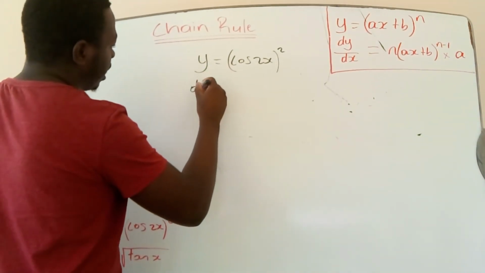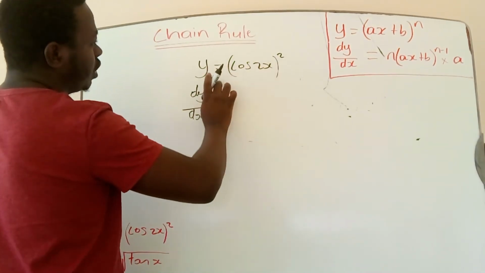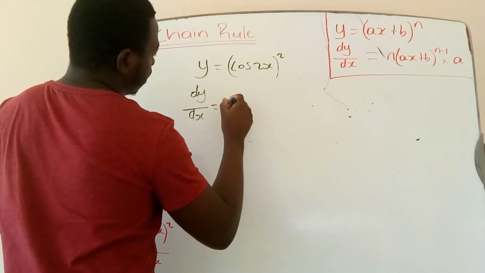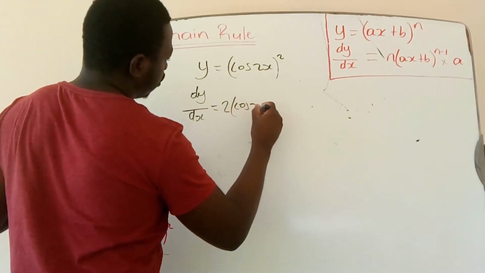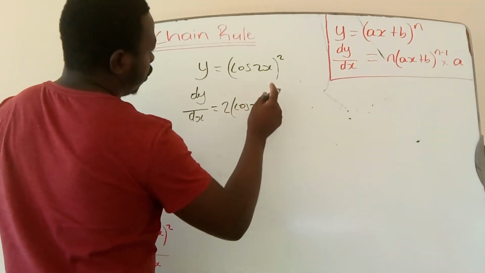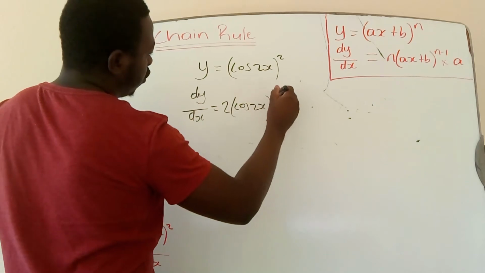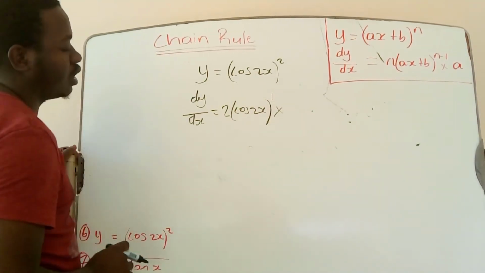Then dy by dx is equal to, take 2 to multiply the entire function, which is 2 open bracket cos 2x, right? Subtract 1 from 2, that gives you 1, multiply by the derivative of the inside of the bracket, right?